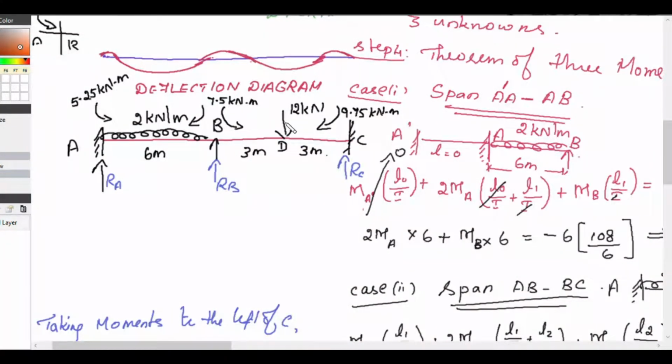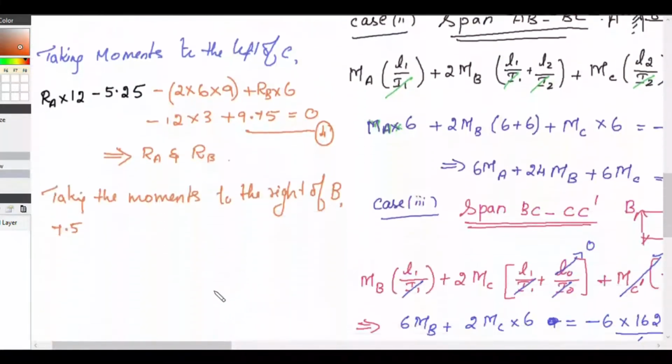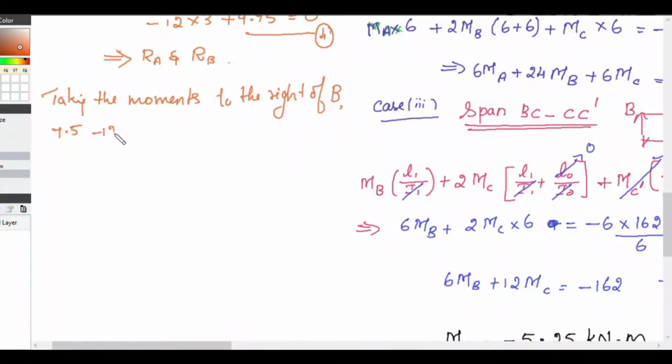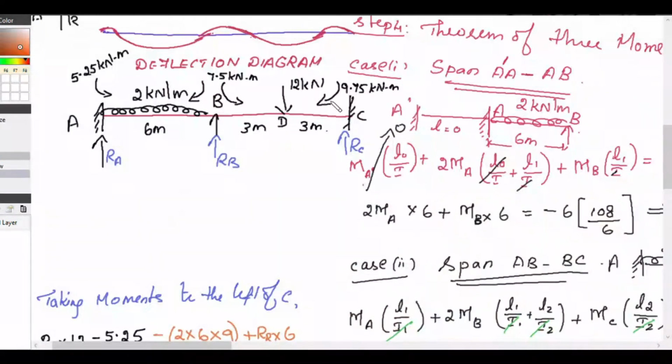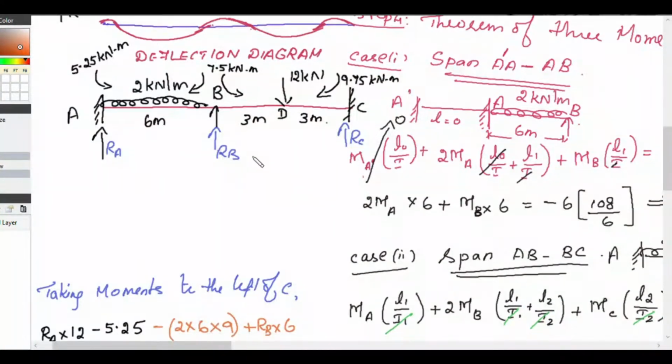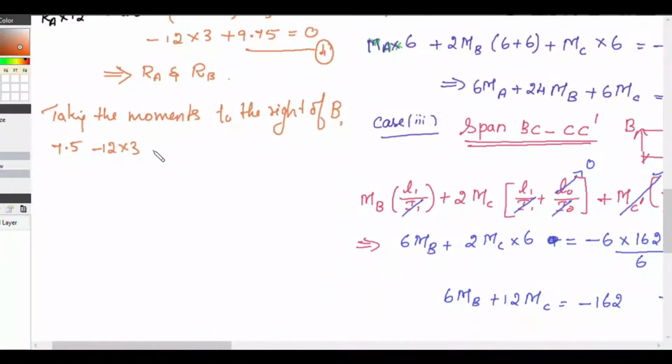Now this 12, right clockwise becomes negative. So minus 12 into 3. Now we have a right clockwise, again negative, that is minus 9.75.